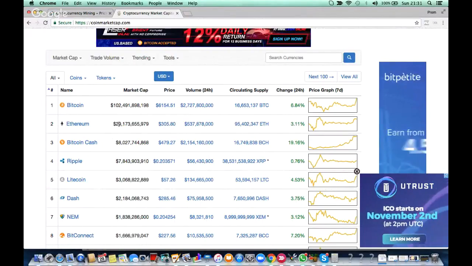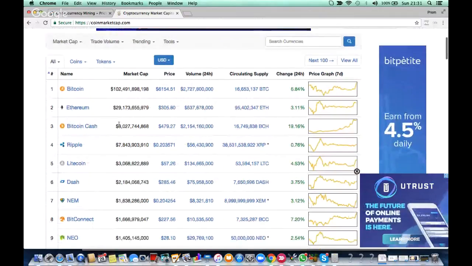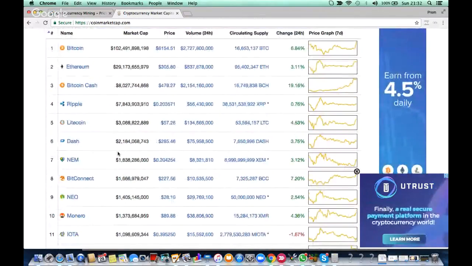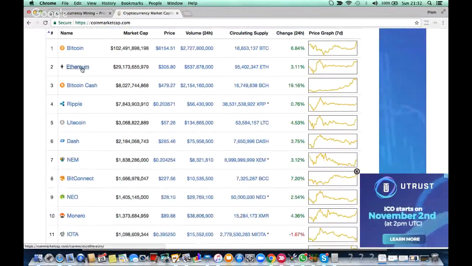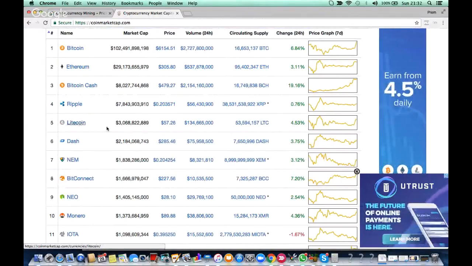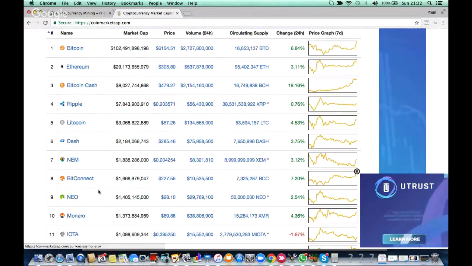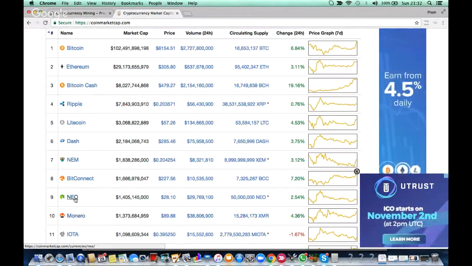Now, on coin market cap, this is where you can check what are the top coins and some of the good coins to hold. This is if you're going to just go out there and buy personally and hold. Ethereum, definitely. Litecoin, definitely. Neo, yes. I would prefer Neo over Monero. Although we mine Monero, I prefer Neo because there are some unique features to it.